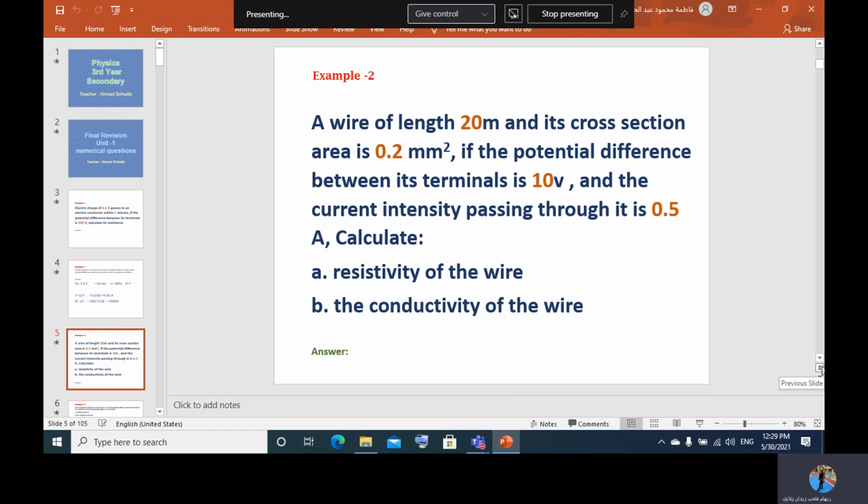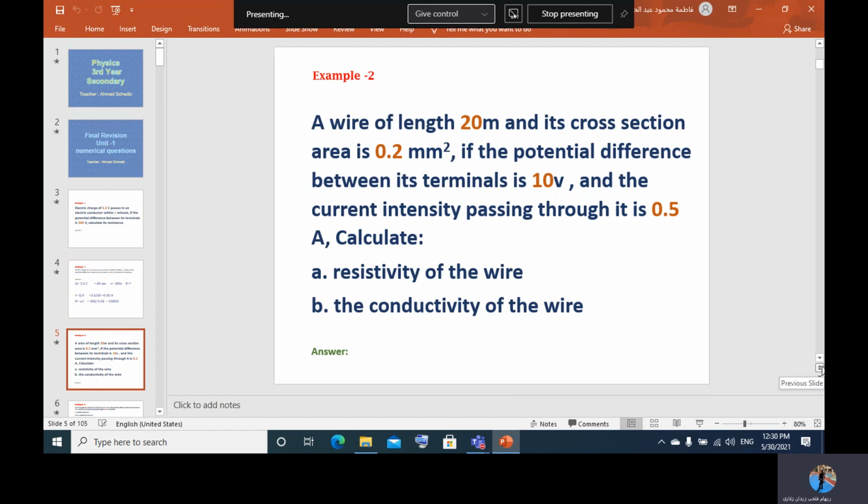All right, we know that the first step is to extract information. The length of the wire is 20 meter, and cross-section area is 0.2 millimeter squared, and we have to convert here the millimeter squared into meter squared, just to work with the SI units.